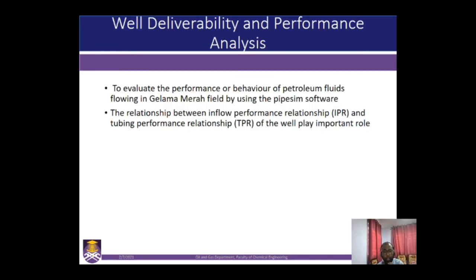Next, well deliverability and performance analysis to evaluate the performance or behavior of petroleum fluid flowing in Amer field by using the PIPESIM. In order to evaluate the performance or behavior of petroleum fluid, the relationship between inflow performance relation (IPR) and tubing performance relation (TPR) of the well play the important role.